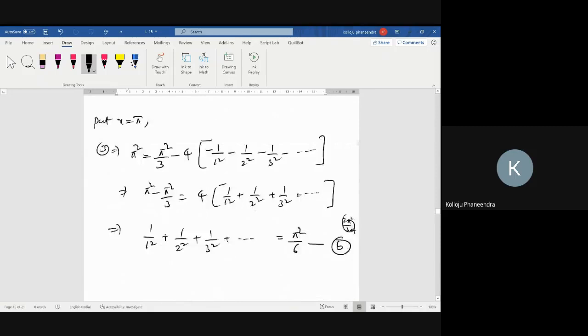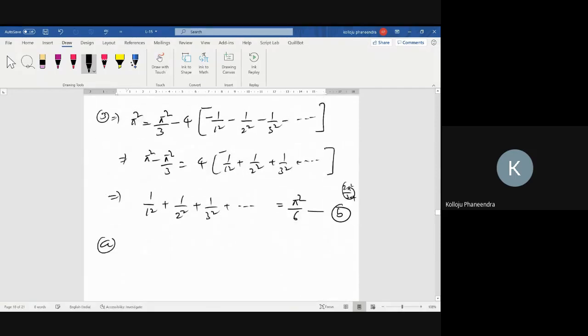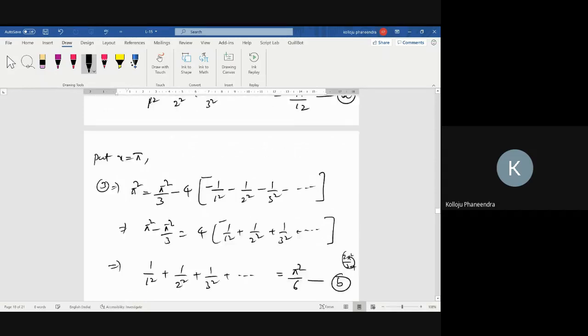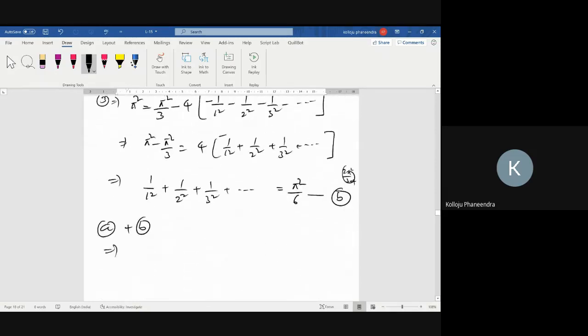And A plus B gives what? The even terms will get cancelled. So 2 into 1 by 1 square plus 1 by 3 square, and so on, equals A plus B. First one is pi square by 12 plus pi square by 6.